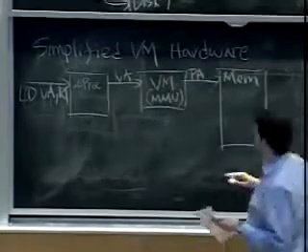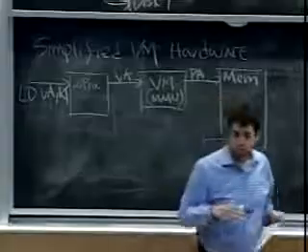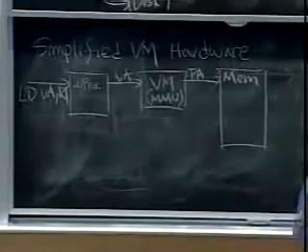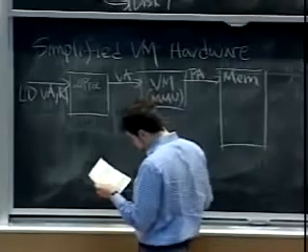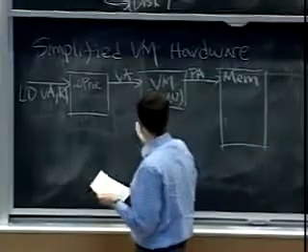And the way that the virtual memory system is going to decide this mapping between a virtual address and a physical address is by using something that we call a page map, okay?